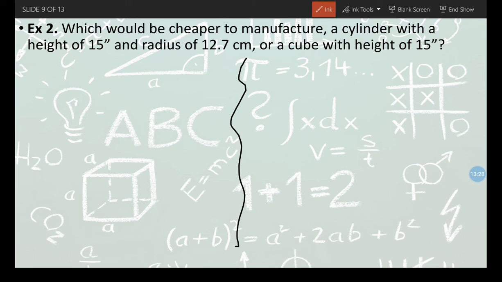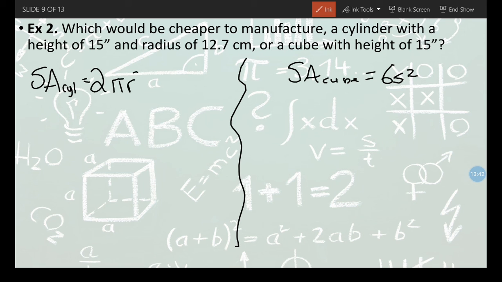We have to do the surface area of a cube, which we know is 6 sides squared, and the surface area of a cylinder, which is 2 pi r squared plus 2 pi rh. I'm just grabbing those from the formula sheet, and because it told me what shapes, I'm just writing their formulas down. That's usually where I start.